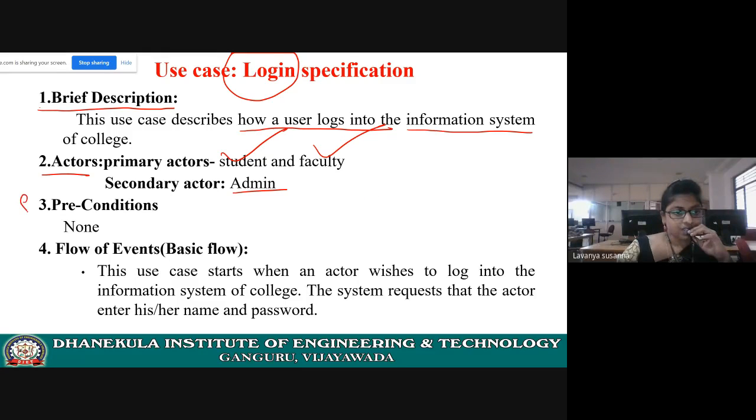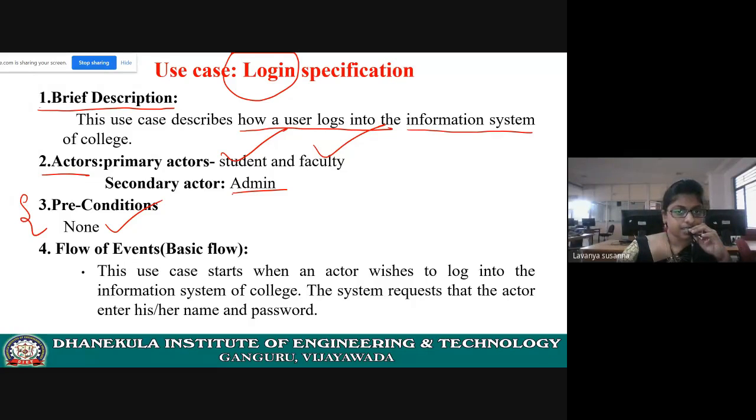Now preconditions. There are no preconditions, right? To log into the system, no condition needs to be executed. So none.